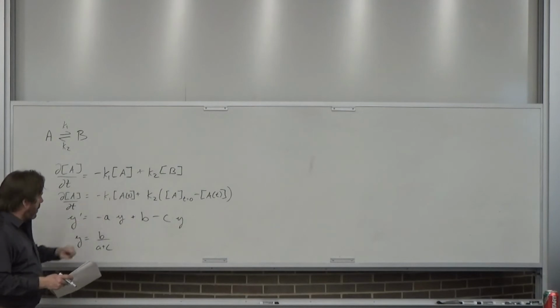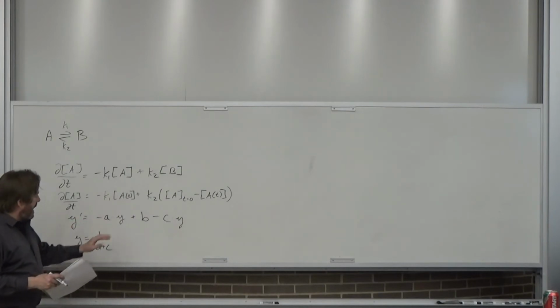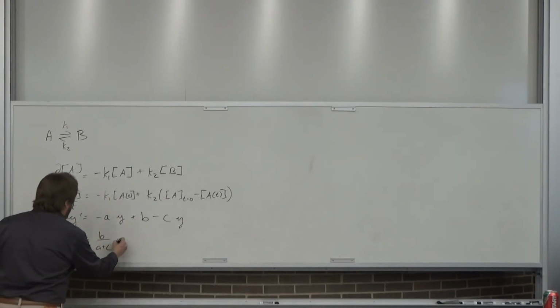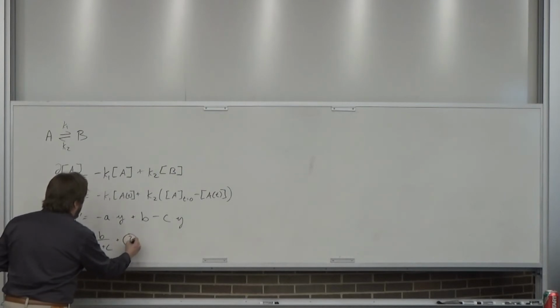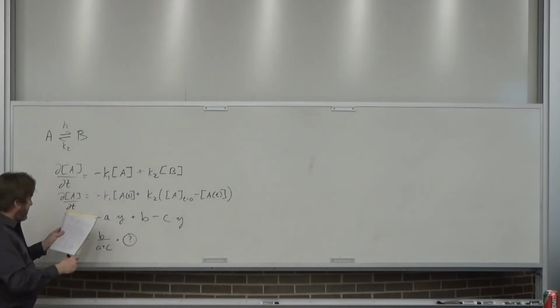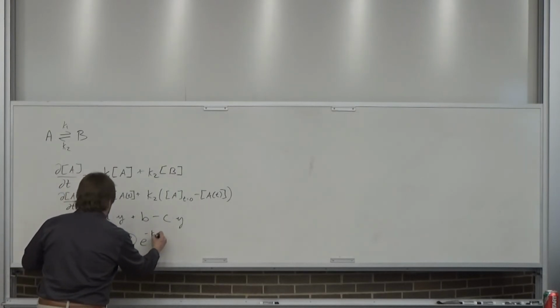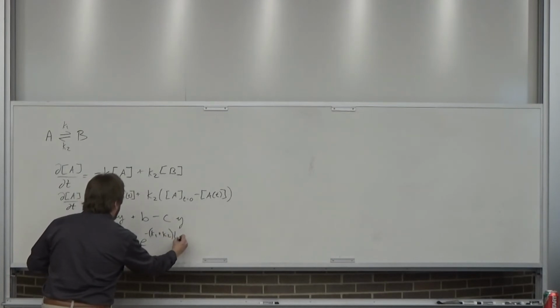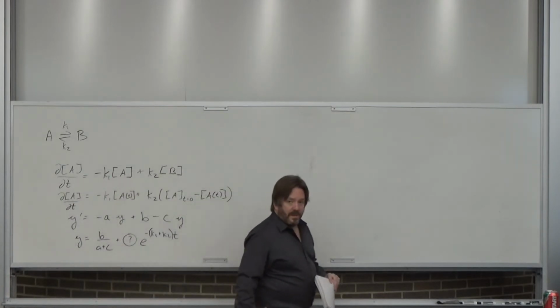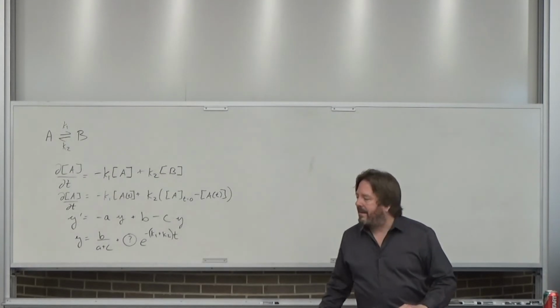A is k1. Anyway, so yeah, I've got all this worked out. And then get this. I swear to God it does this. It has a question mark. E to the minus k1 plus k2 t. Question mark. What the heck is that?